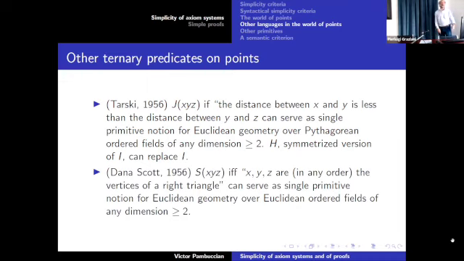In the same journal, Dana Scott in 56 has shown that another ternary relation can serve for Euclidean geometry over Euclidean ordered fields of any dimension that is greater than 2. It is the ternary relation that says x, y, z are in this relation if they are in any order the vertices of a right triangle.